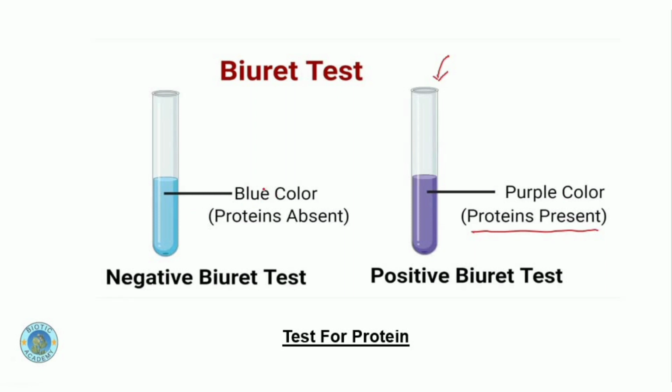Because the color of the Biuret reagent itself is blue. So it will appear blue in the test tube, which shows that protein is absent in that particular food sample. So in this way we will get to know about the presence or absence of protein in a food sample. These are very important tests for the examinations.